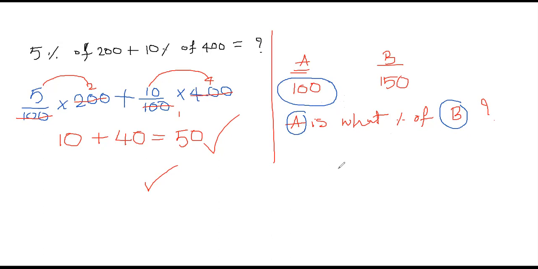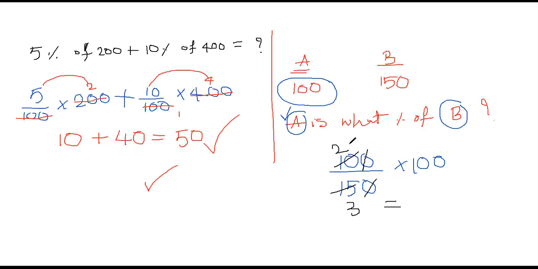Here the A value is first, right? A by B is how much? A is 100, that's why I am writing the A value here, by 150 into 100. Do the simplification. Into 100 means in percentage. 0 0 cancel, 5 twos are, 5 threes are.